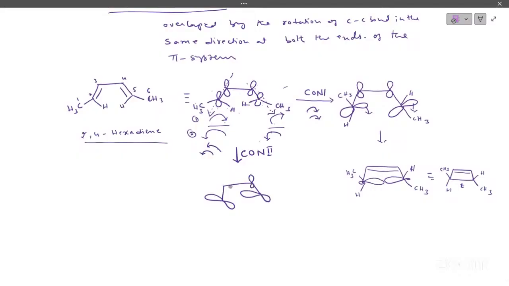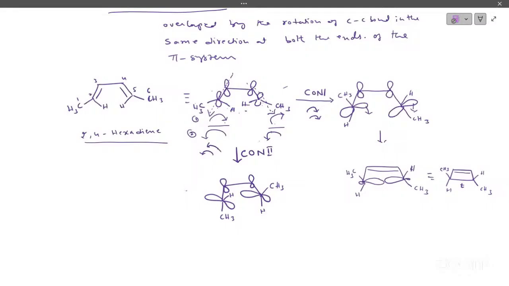There is no change at C3 and C2, but whenever it is rotating anti-clockwise at C1 and C4, the inside group is moving up, outside group is moving down. That is, hydrogen is moving up, methyl group is moving down. Similarly, here at C4, the methyl group is the outside group that is moving up during the anti-clockwise rotation, and the inside group hydrogen is moving down.